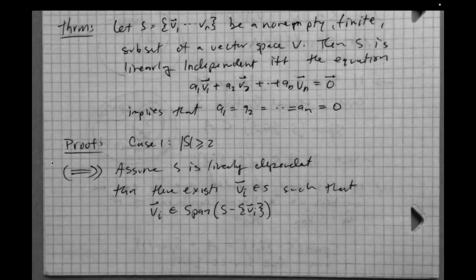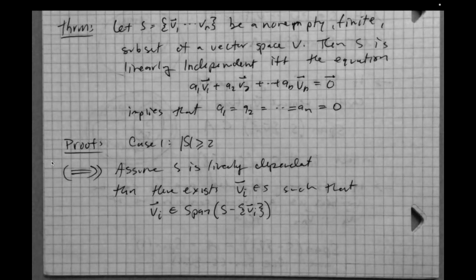That's just the definition we just ran with. So one of the vectors in S, call it vi for now, is in the span of S minus vi. It's redundant.